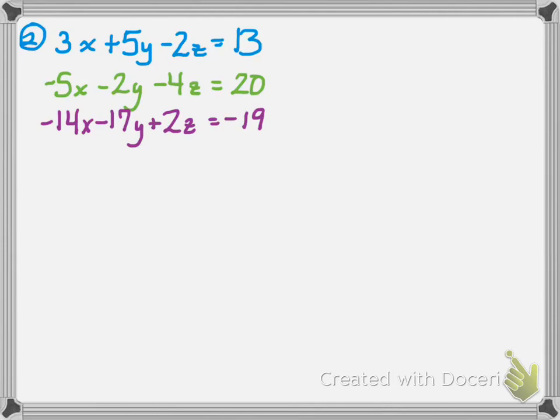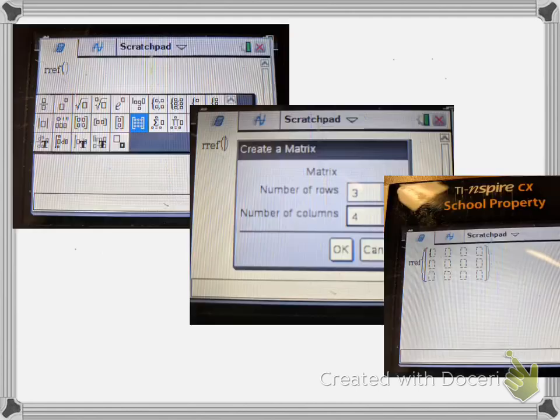And in this problem 2, we're going to again create that matrix that has the 3 rows and the 4 columns. And just if you can't remember how you get those typed in, we're going to be doing reduced row echelon. So you're going to do RREF, open your parenthesis, then go to the spot right beside the 9, and go to the center spot.